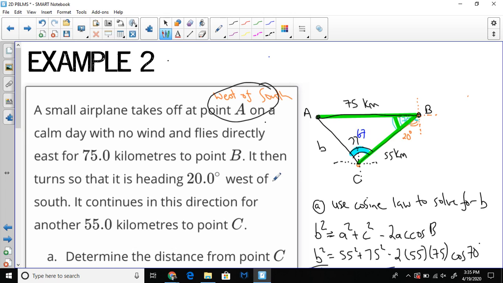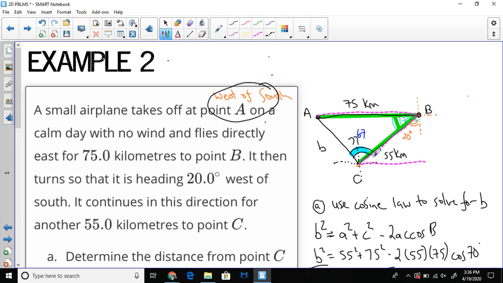But what I want is to say a direction. If you remember from your previous math classes, I have a Z pattern right there.